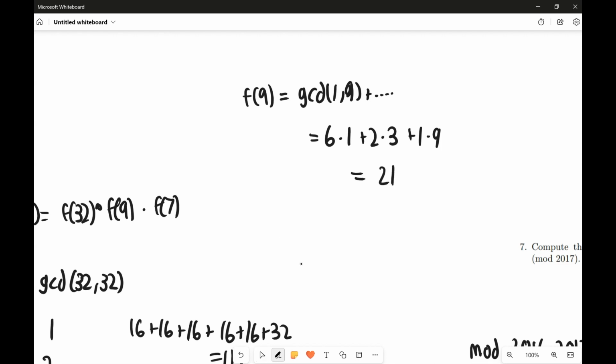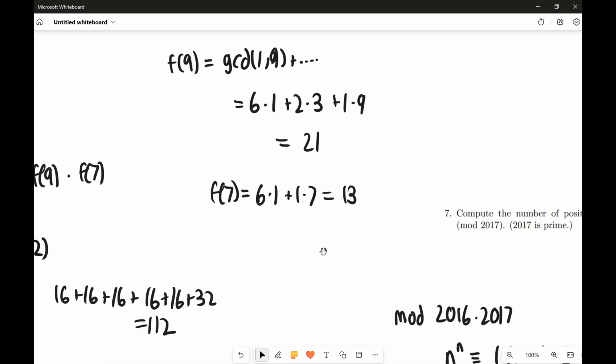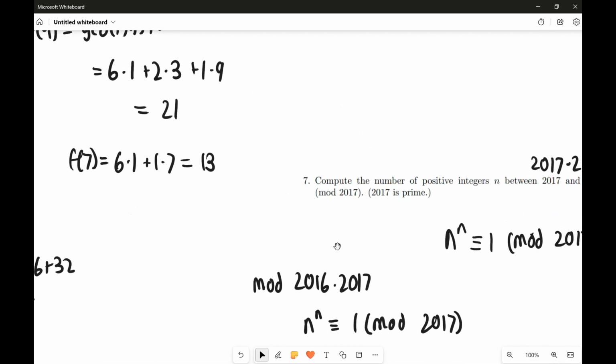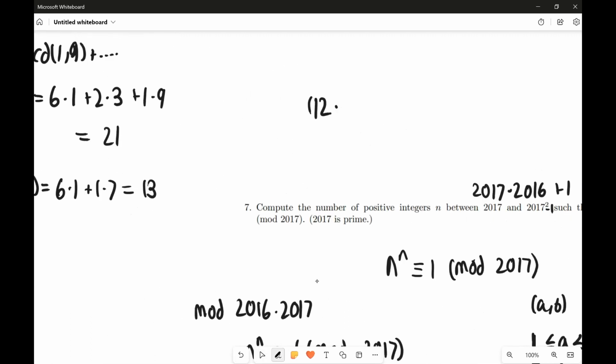And f of 7 is just equal to 6 times 1, since there are 6 terms that give GCD 1, plus 1 times 7, which ends up being 13. So therefore, our answer is 112 times 21 times 13, which is 30,576 after a bit of computation.